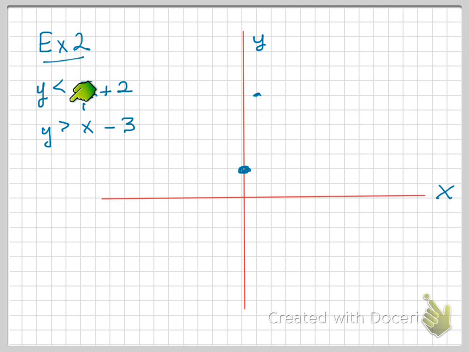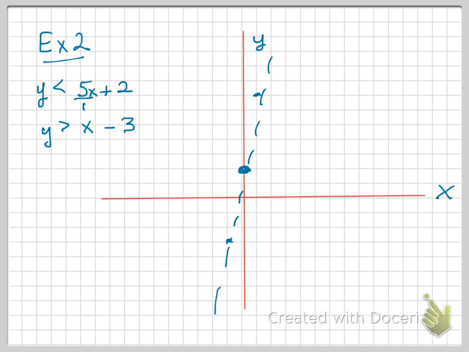Now, of course, you could have negatives on both of these. Two negatives make a positive when you're dividing. So I could also start here and go down 5 and left 1. That would also land me on the same line. And remember, I'm supposed to be making a dotted line out of this. So it's going to look something like that.